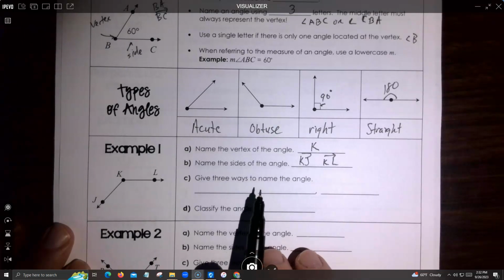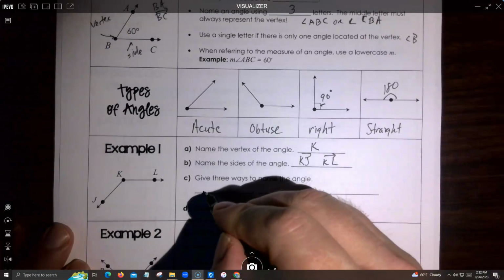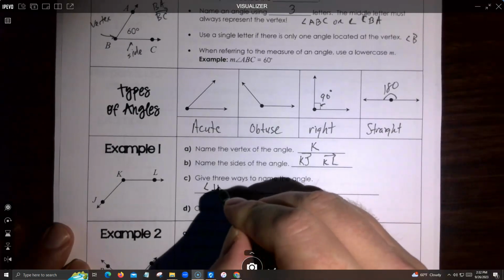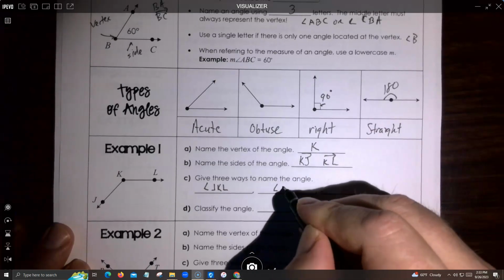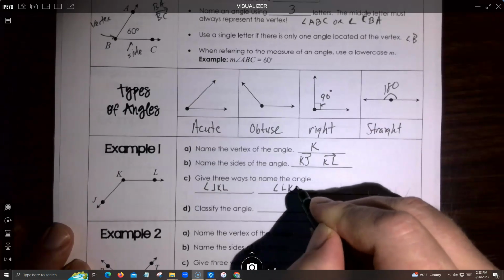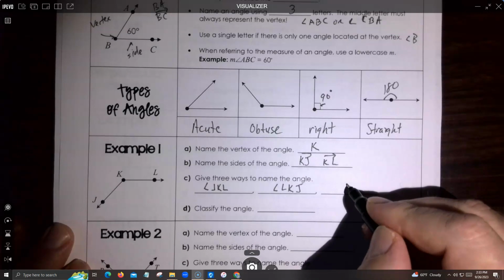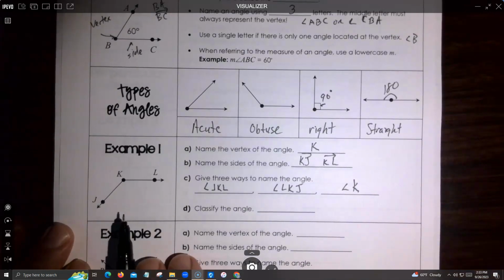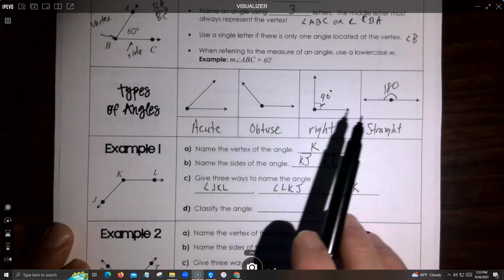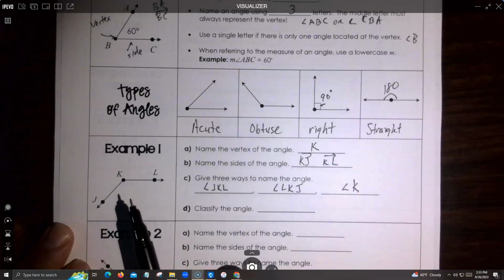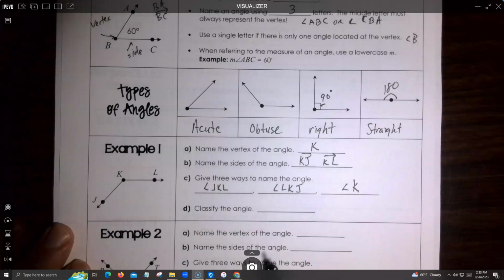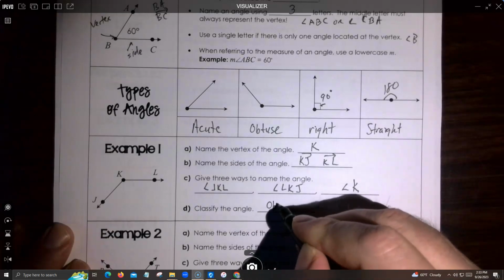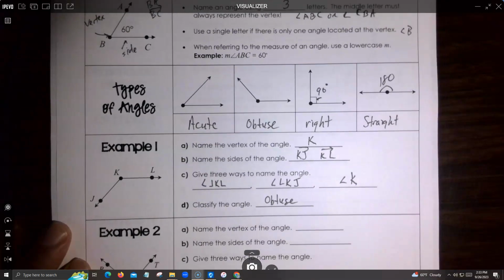Give three ways to name this angle. You could call this angle JKL, angle LKJ, or angle K. Classify this angle, and that means which type of angle is it? Since it's bigger than a 90-degree angle, this would be considered an obtuse angle.